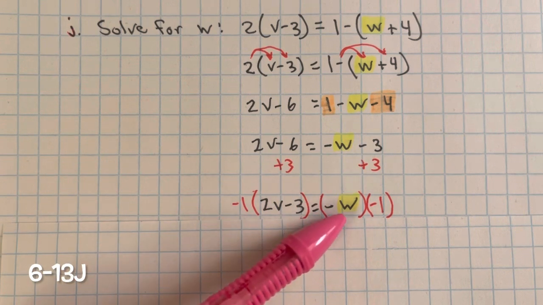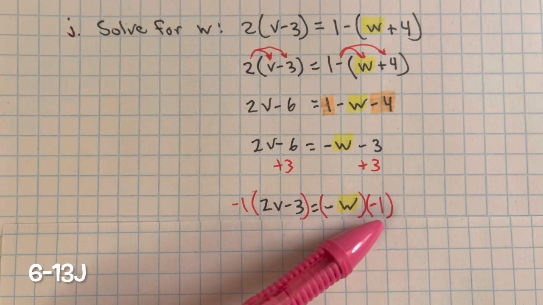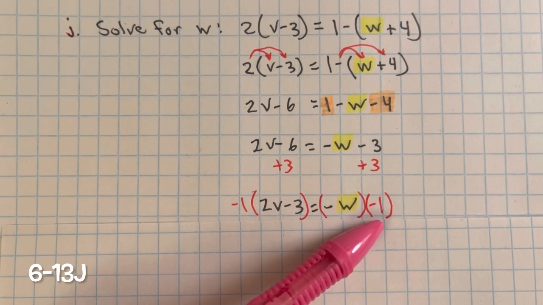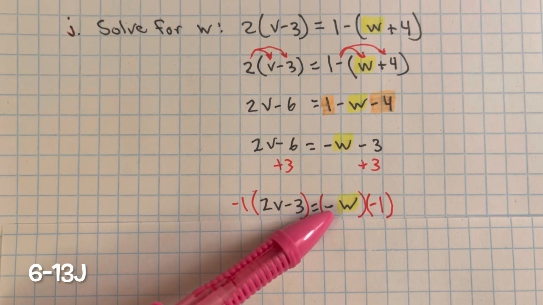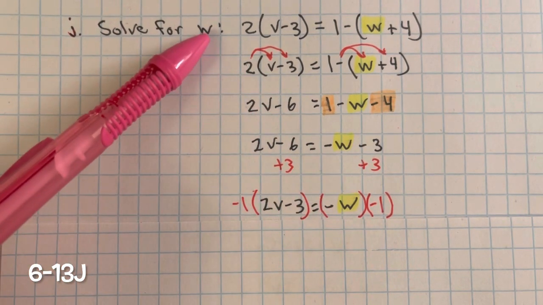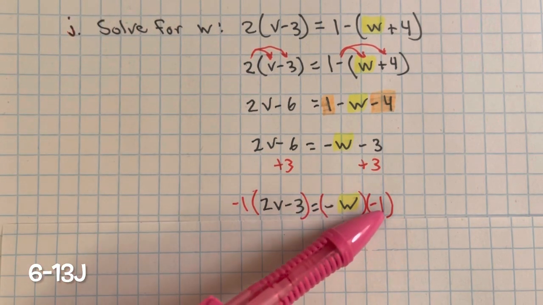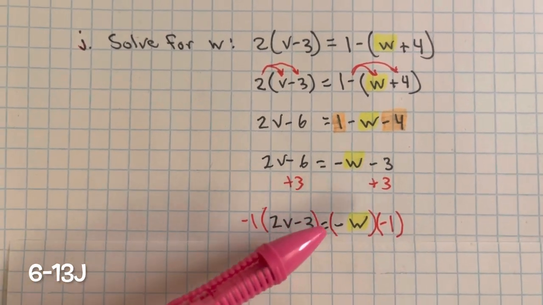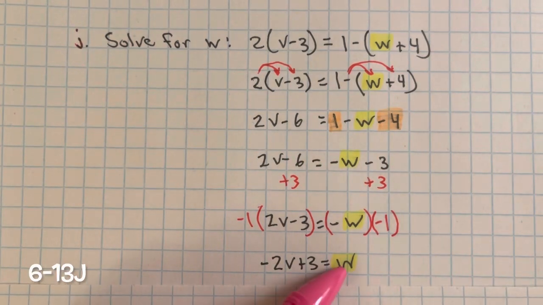Now I have a negative w here on this side. What I'm going to do is multiply this side by a negative 1, because a negative multiplied by a negative is going to equal a positive. We want to know what the value for w is, not negative w. So by multiplying this side by negative 1, it becomes a positive w.